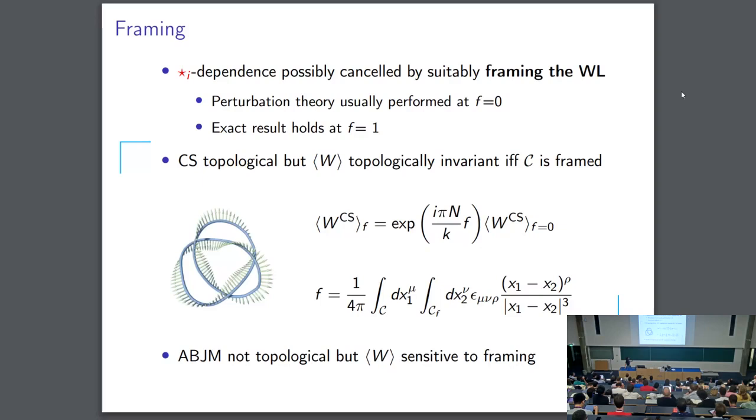You have the contour C and the framed one. By performing this integral, it spits out some integer that is counting how many times these arrows go around when you close the path. And the fact is that even though ABJM is not topological, because you also have matter, nevertheless, the expectation values of the Wilson loops are sensitive to framing.